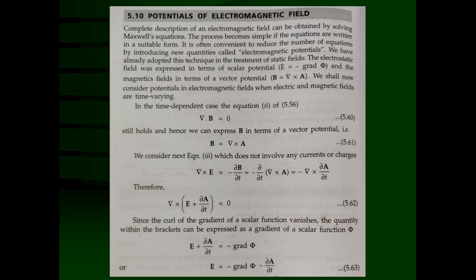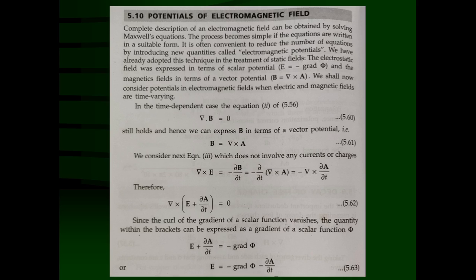Equation 1, divergence of D is equal to rho, contains the charge density. Similarly, the fourth equation, curl of H is equal to J plus del D upon del t, also contains the current density J, and hence equations 1 and 4 are known as inhomogeneous equations, while equations 2 and 3 don't contain charge or electric current, and hence are known as homogeneous equations.